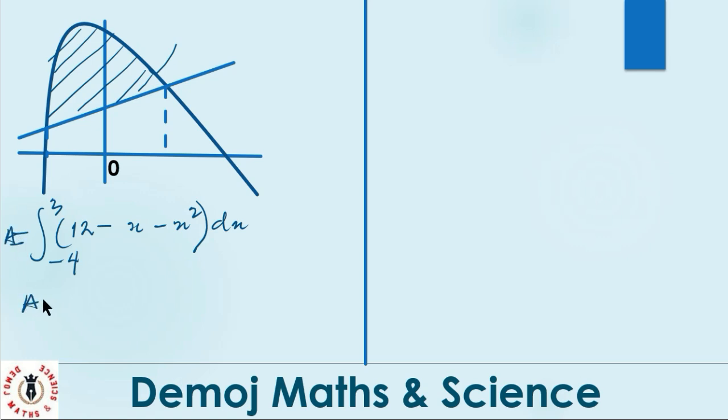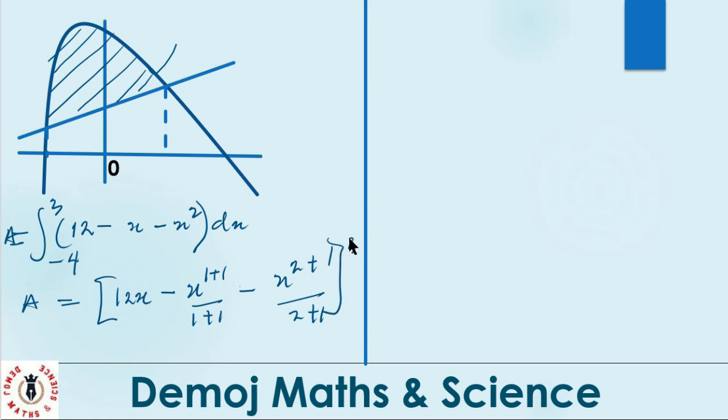So my area A will come from integrating. On integrating, from our lessons on integration, 12 becomes 12x, minus x raised to power 1 becomes x raised to power 1 plus 1 over 1 plus 1, minus x squared becomes x raised to power 2 plus 1 over 2 plus 1, all ranging between 3 and minus 4.